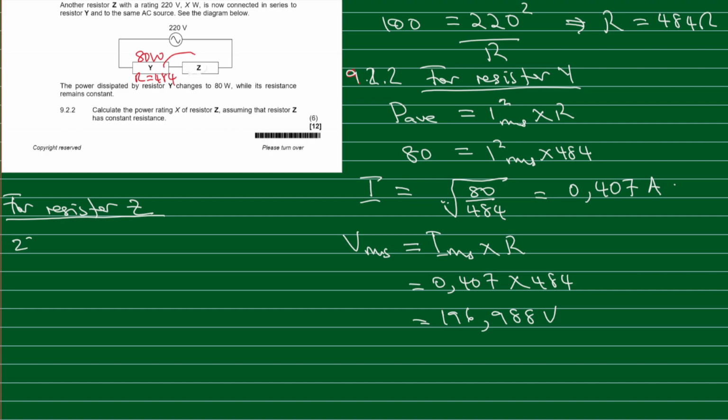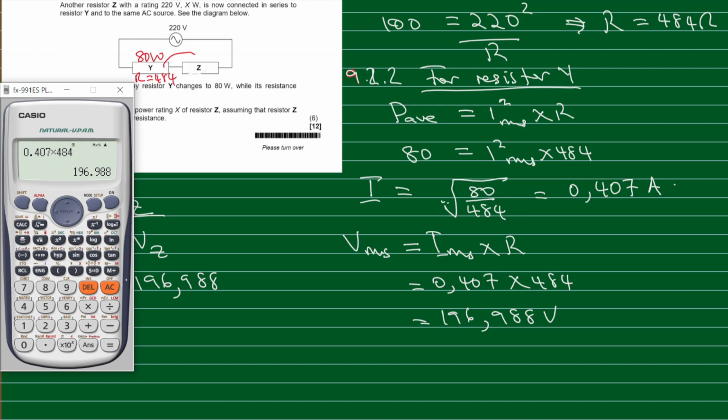So 220 will be equal to V for Y, the potential difference for Y, plus the potential difference for Z. To get the potential difference for Z, which is Vz, we take the 220 and subtract the V for Y. That's why we calculated that 196.988. Let's subtract that one.